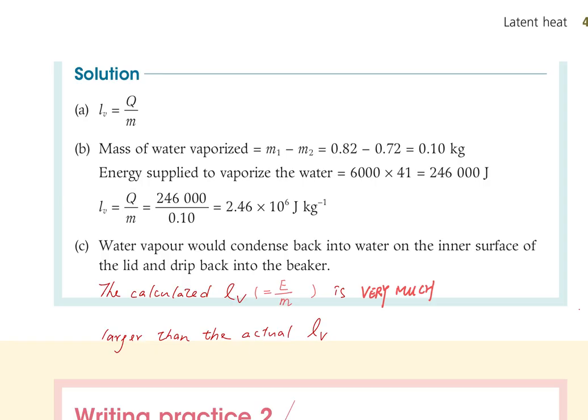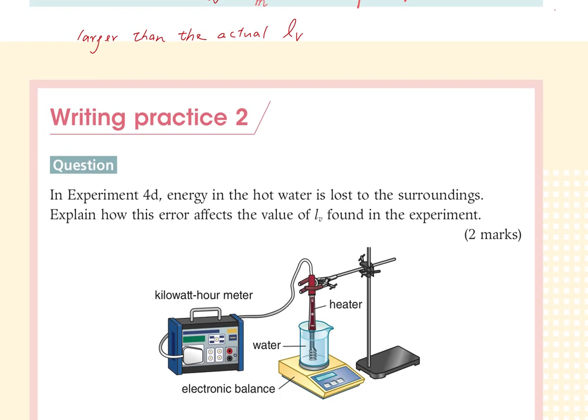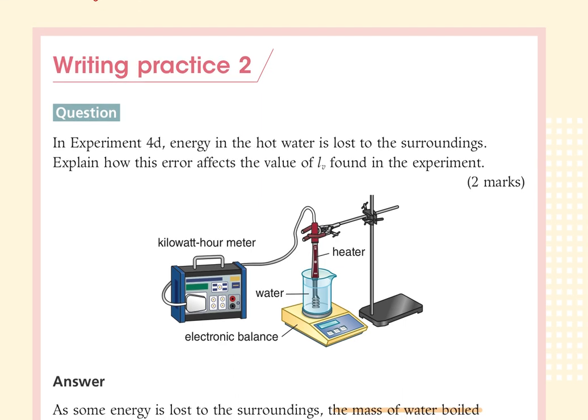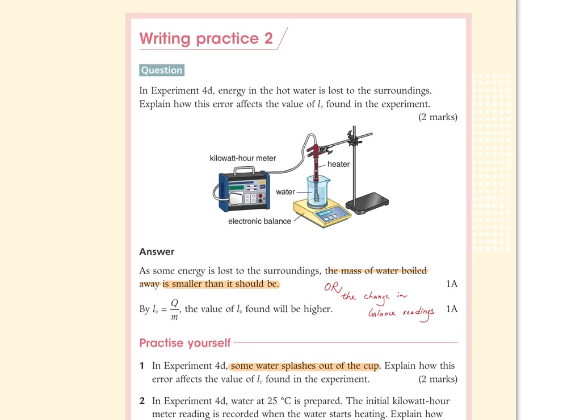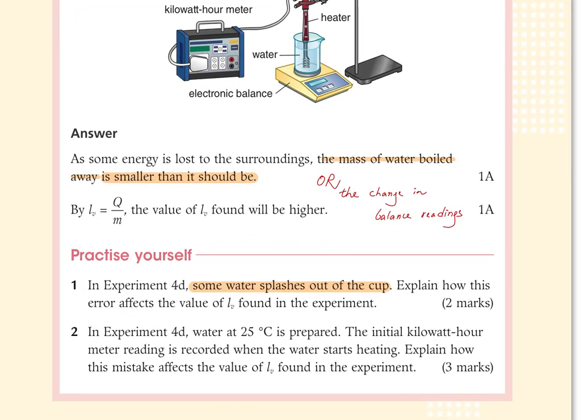So this is the solution of the example. Spend some time and see if you can also write quality answers like this as in part C. The lower part of the page is writing practice, and in this case, it talks about the latent heat of vaporization of water again.